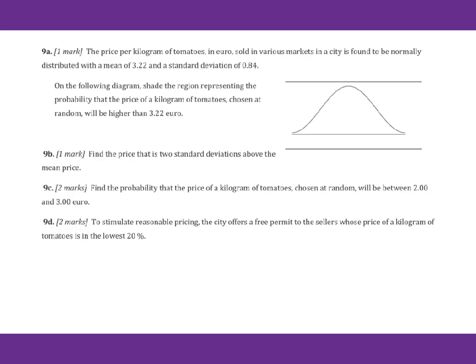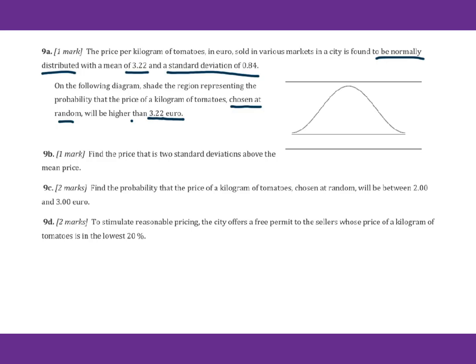Let's go to 9A. The price per kilogram of tomatoes in various markets in a city is found to be normally distributed, with a mean 3.22 and a standard deviation of 0.84. On the following diagram, shade the region representing the probability that the price of a kilogram of tomatoes chosen at random will be higher than 3.22 euro.